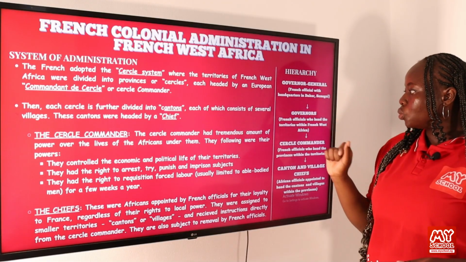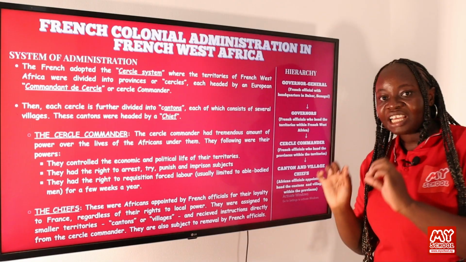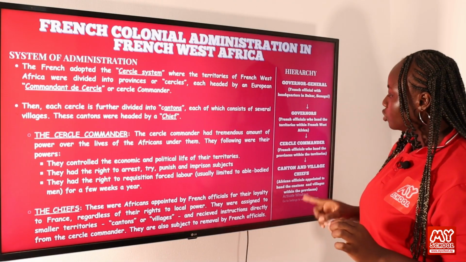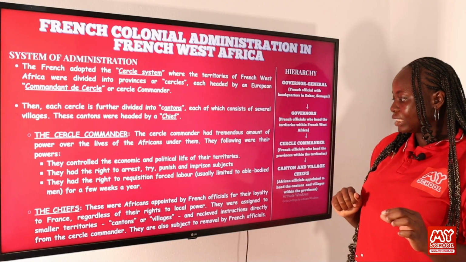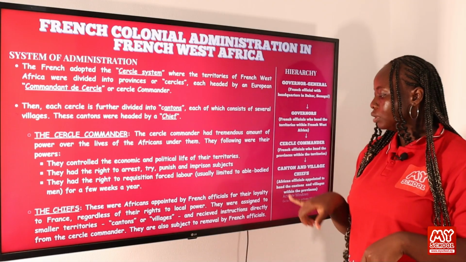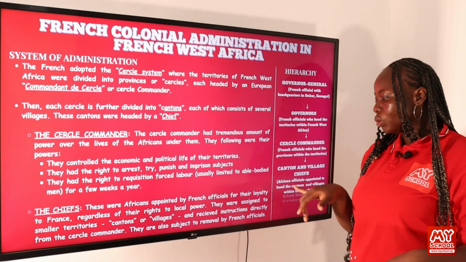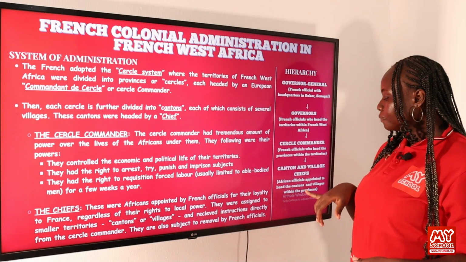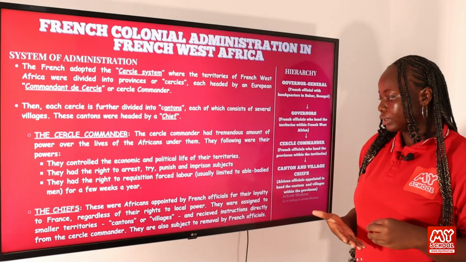Then we have governors, who were French officials who held the territories, each of the 8 territories within the Federation of French West Africa. Then we have the cercle commanders, French officials who held the provinces within the territory. Then we have canton and village chiefs who were Africans. So these were the only African leaders we had at that time. They were appointed to head the cantons and villages within the provinces.